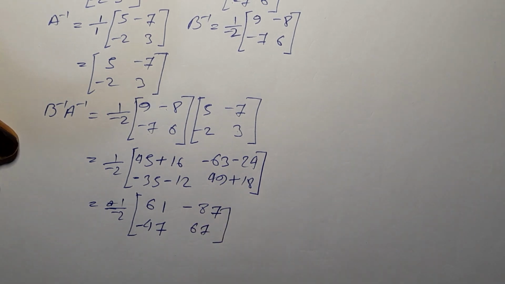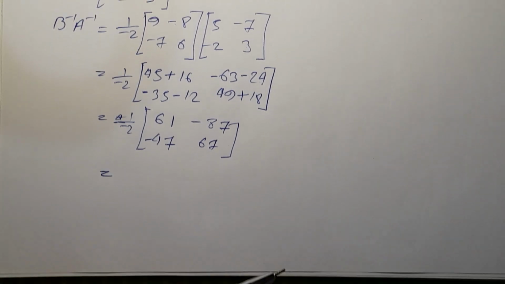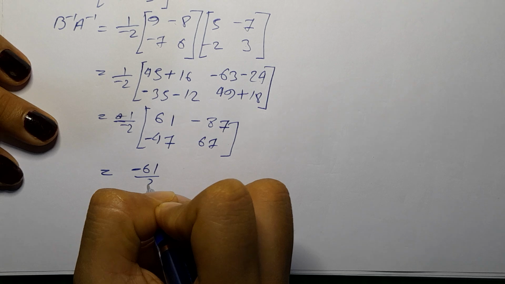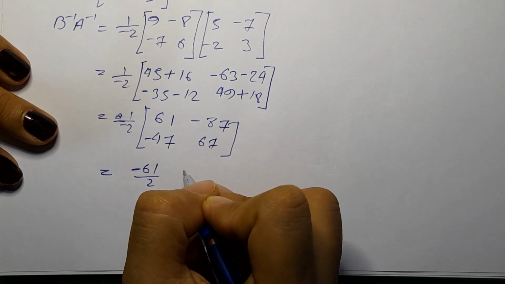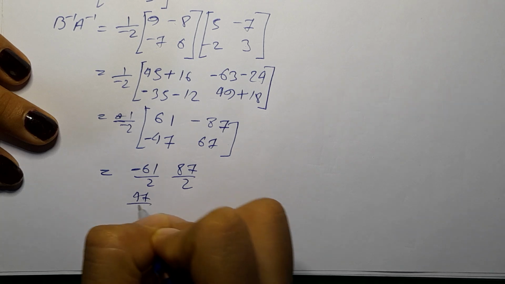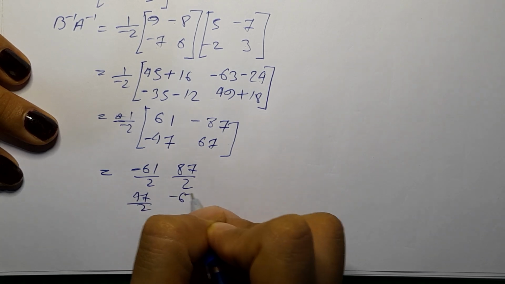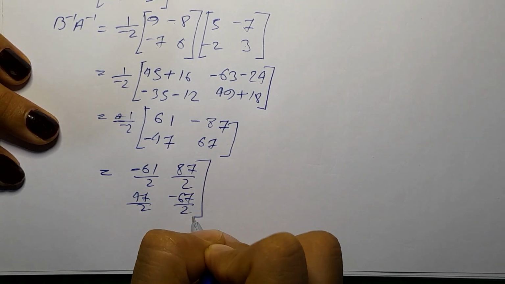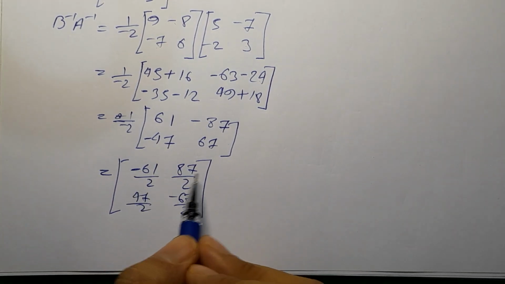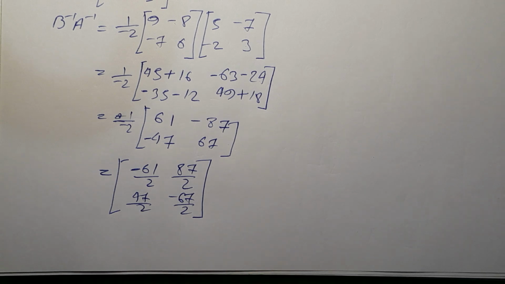Now take the 2 inside: minus 61 by 2, and minus and minus became plus 87 by 2, 47 by 2, minus 67 by 2. So we got the same: minus 61 by 2, 87 by 2, 47 by 2, minus 67 by 2.